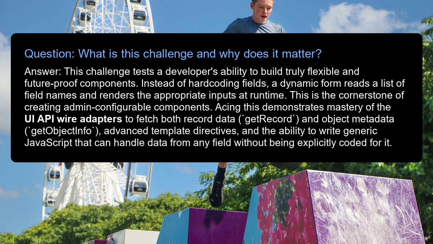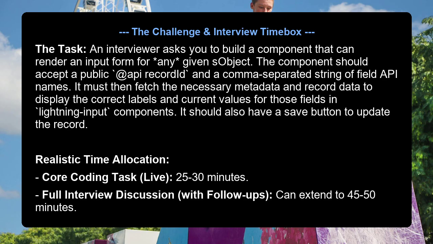This is the cornerstone of creating admin configurable components. Acing this demonstrates mastery of the UI API wire adapters to fetch both record data, getRecord, and object metadata, getObjectInfo, advanced template directives, and the ability to write generic JavaScript that can handle data from any field without being explicitly coded for it.